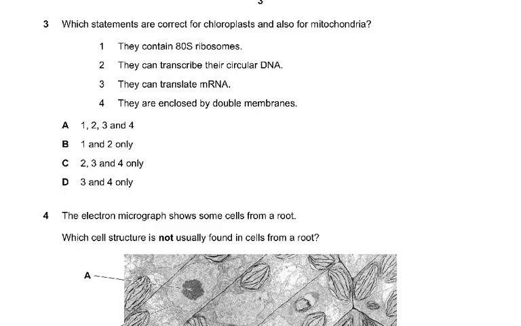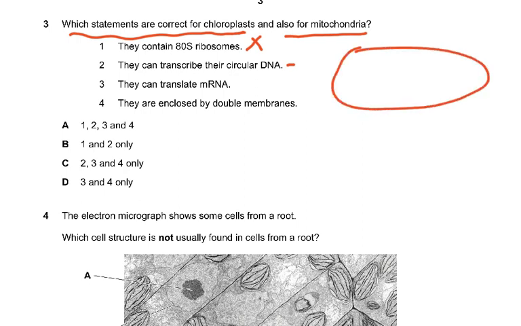Question 3. Which statements are correct for chloroplast and also for mitochondria? They contain 80S ribosomes. Wrong. They contain 70S ribosomes. They can transcribe their circular DNA. Yes. What you have to understand is that the mitochondria have circular DNA, and they also have 70S ribosomes.